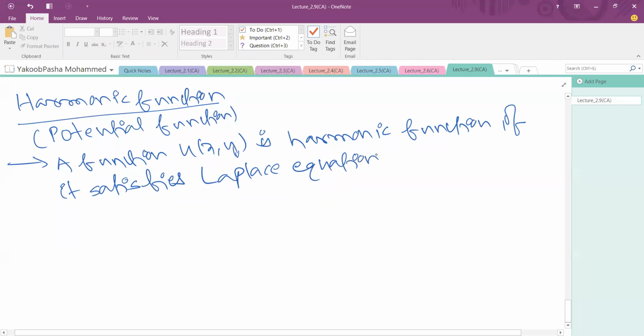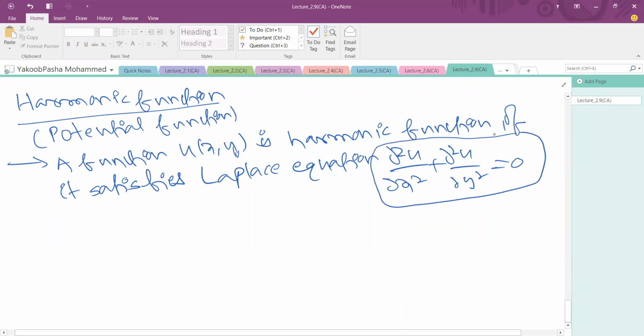The Laplace equation is, we know, dou square u by dou x square plus dou square u by dou y square is equal to 0. I'm taking the two-dimensional Laplace equation because the function is a function of two independent variables.